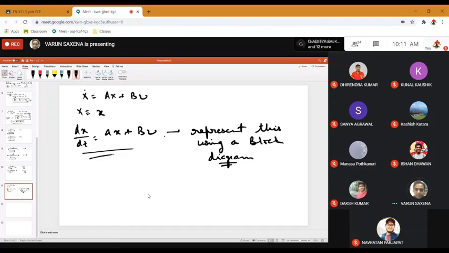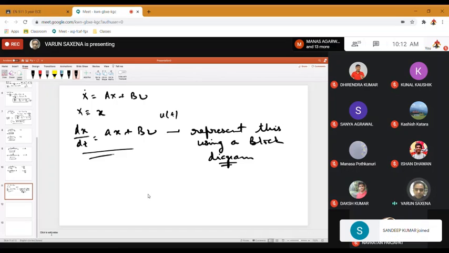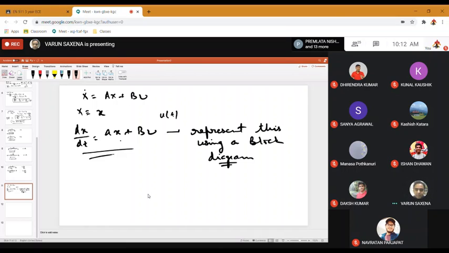Of course, if you want to calculate transfer functions, then you have to take a Laplace. But if I just say this is the figure and this is the input, which is u(t), and you have an output, then you can use A and B as blocks, and then how do you make it? So u is the input, x is the output.